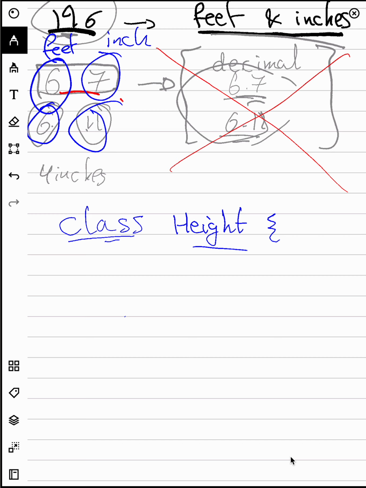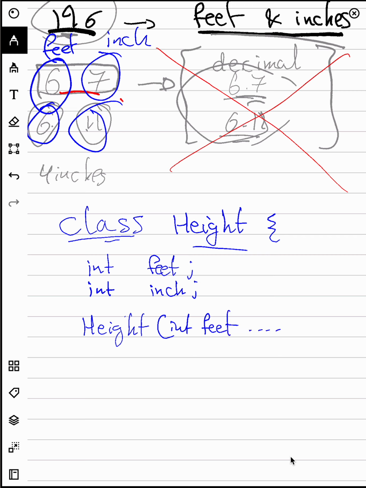What should be the type of those two? Each of them is a whole number, so I think just an int would be enough, right? Yes, exactly. So we're going to just do an int feet and int inch. And then we all know that a class needs a constructor, so that's simple enough.